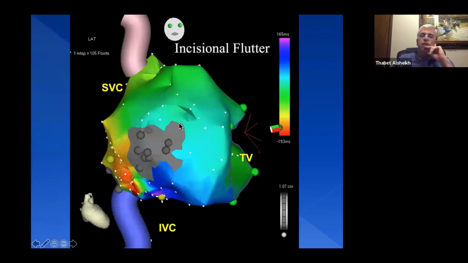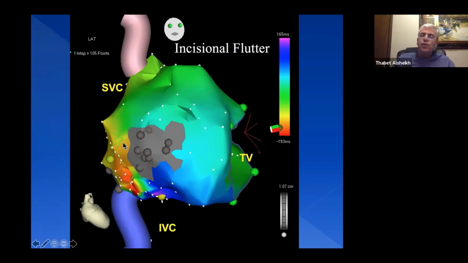This is an actual patient. This is the SVC. This is the IVC. This is the tricuspid annulus here in the front. This is a lateral view. And this is the scar, in gray, meaning no electrical signal. We record nothing. This is dead tissue, so it's scar.